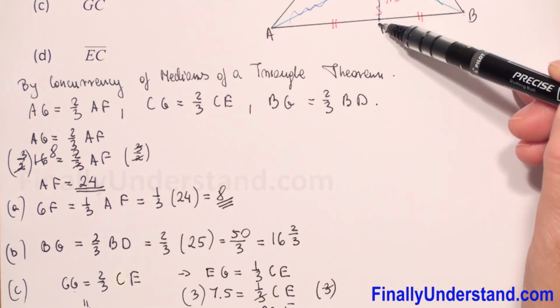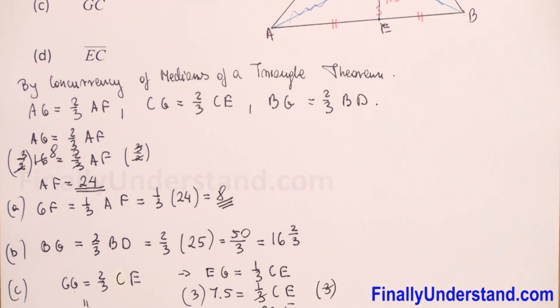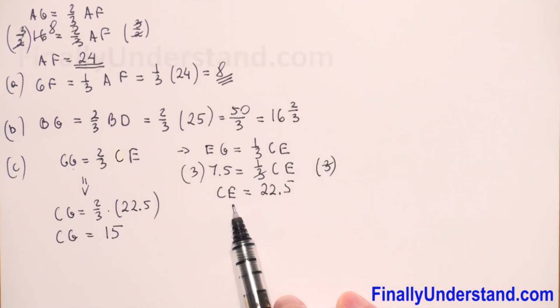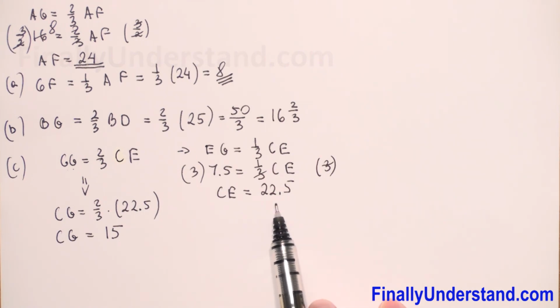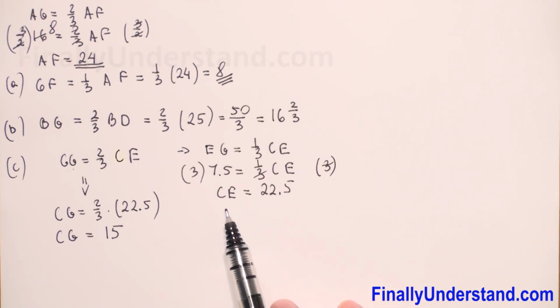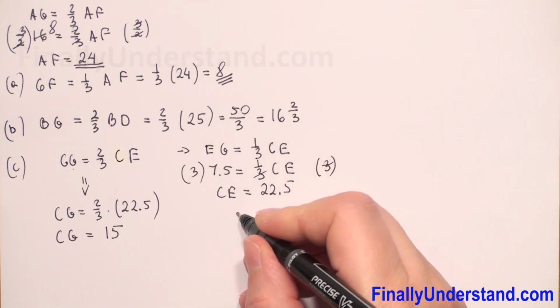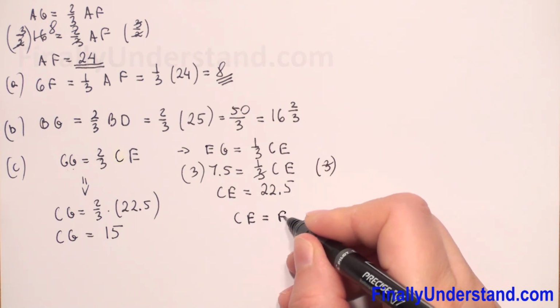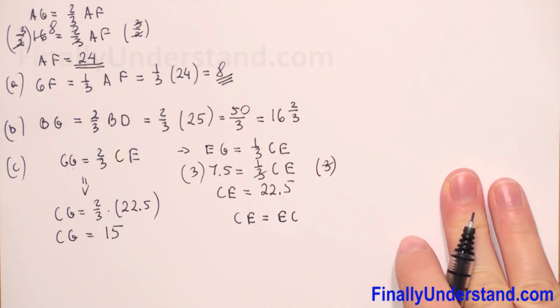And now we have to find EC. We already found that CE is equal 22.5. We know that CE is equal to EC by reflexive property.